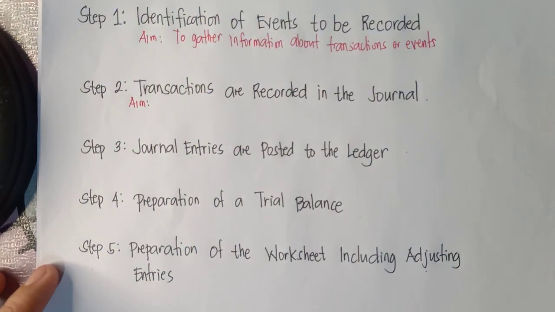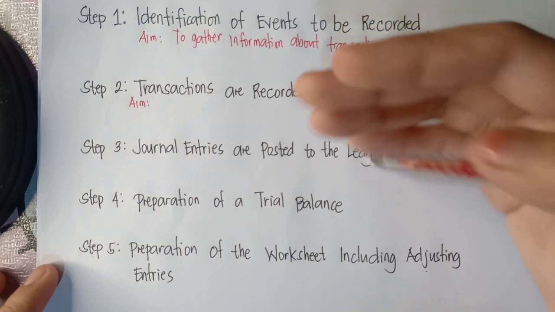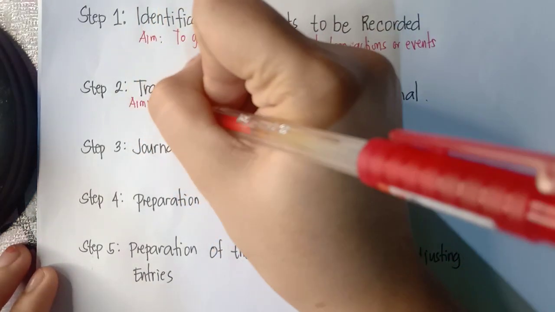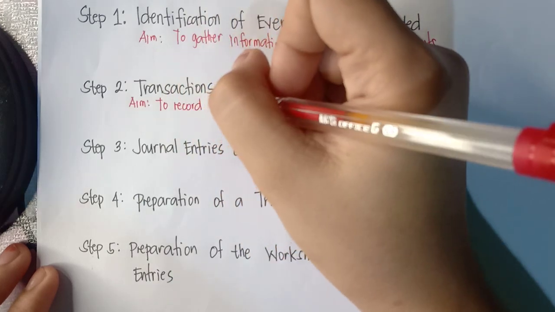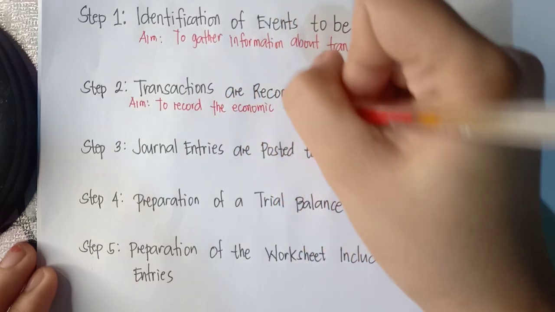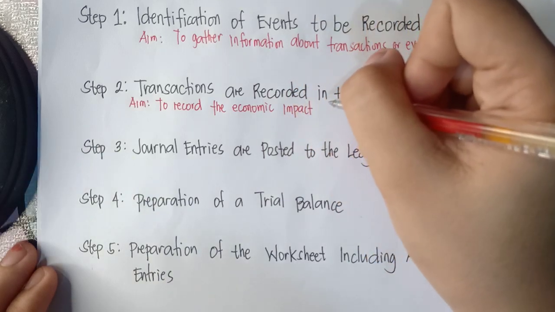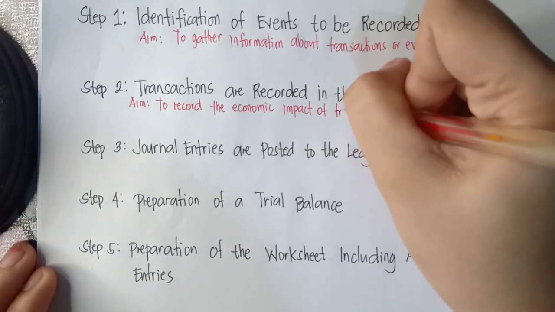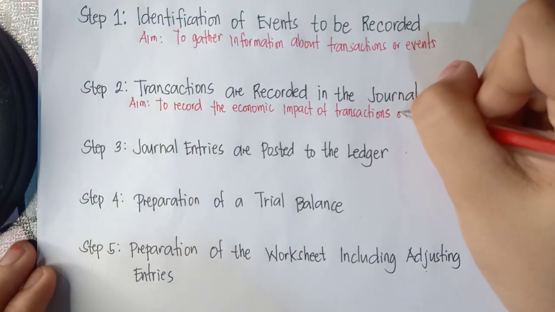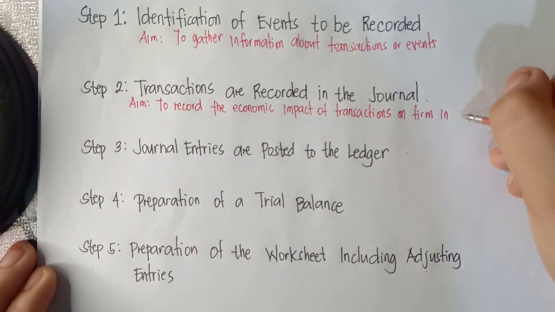The aim here in step 2 is to record the economic impact of transactions on the firm in a journal, which is a form that facilitates transfer to accounts. Saan natin i-record? Sa journals.